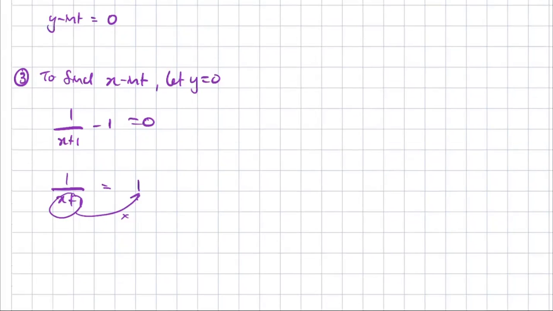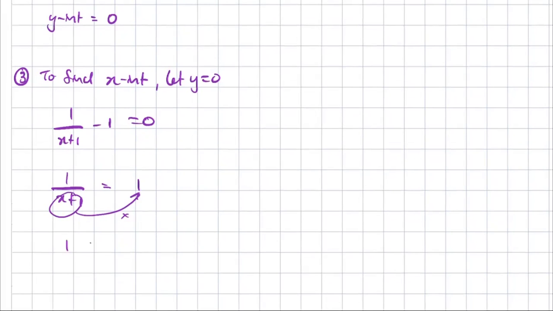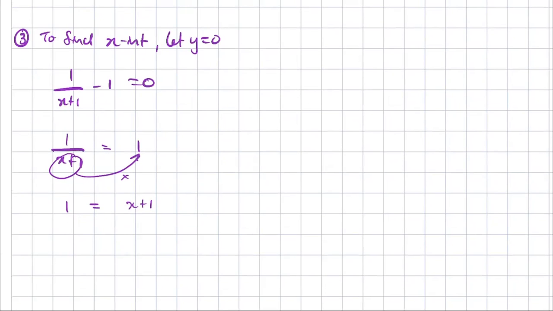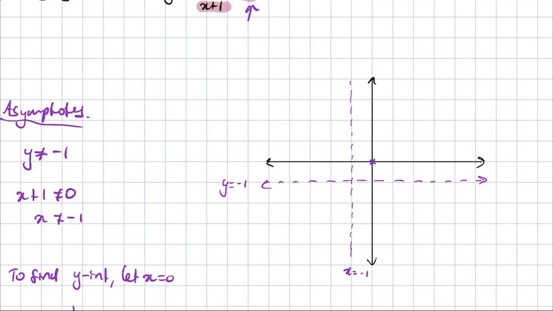If we multiply by 1, we just have 1 equals x plus 1. We could put it in brackets with a 1 out the front, but we don't really need to, because it doesn't help us in the long run. Now, solving for x, we subtract 1 from both sides, and that gives us x equals 0 as our x-intercept. That's convenient, because it means both our y and x-intercepts are at the origin.